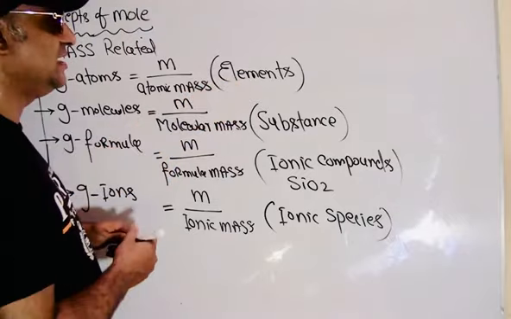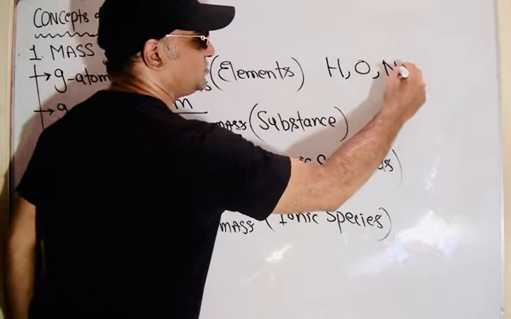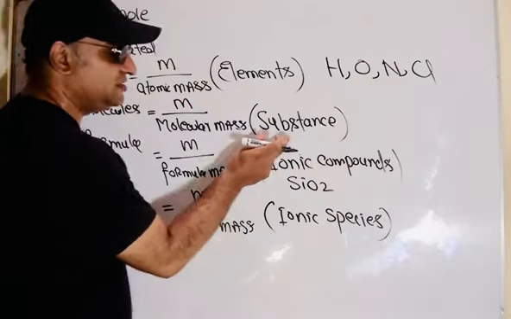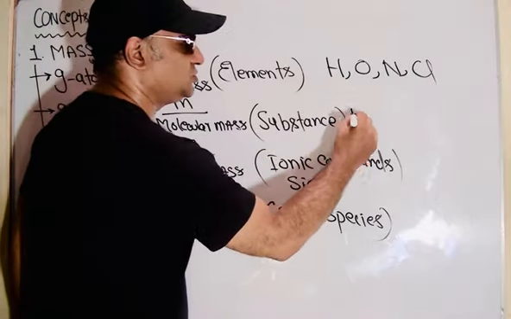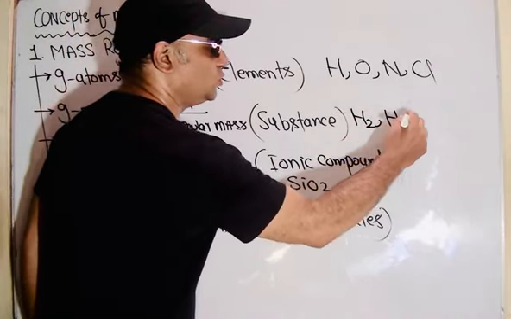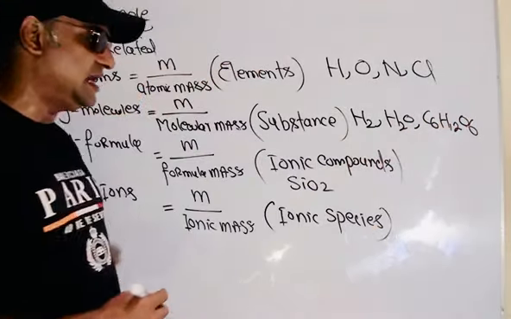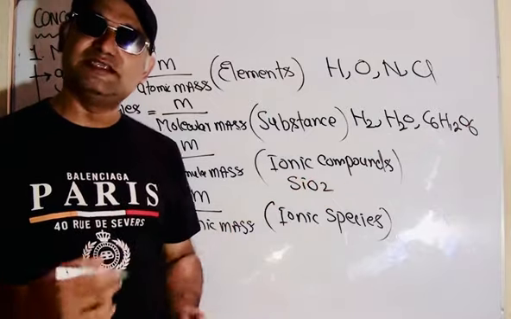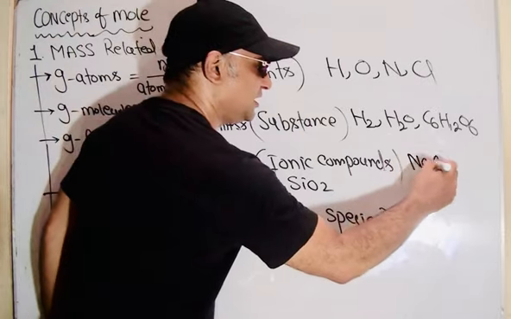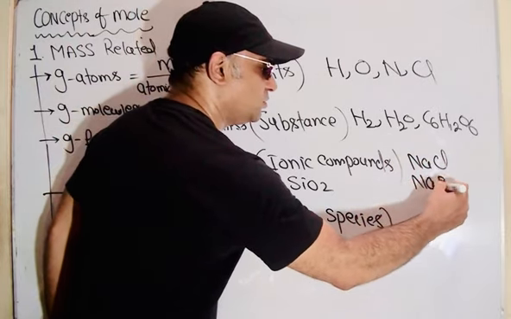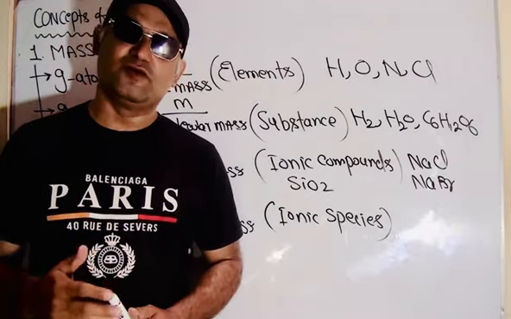Now we will talk about the elements. Gram atom is applicable for elements, like we have hydrogen, oxygen, nitrogen, chlorine. And gram molecules is applicable for molecular substances, like we have H2O and C6H12O6. For ionic compounds, gram formula is applicable, like sodium chloride and sodium bromide, which are inorganic macromolecules that have an empirical formula.